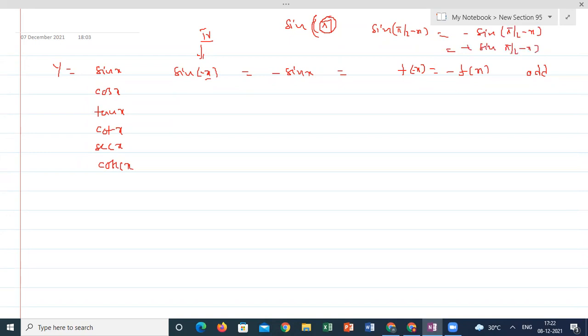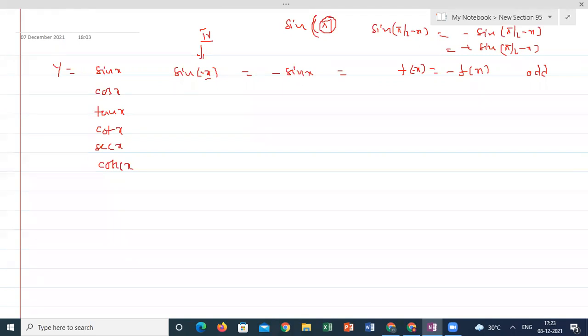Here we can't argue even function or odd function easily. So, sorry, we can argue, but we won't face that situation. In the fourth quadrant and first quadrant, it is the pure form of x. That's the reason it will be easy to discuss even or odd of the trigonometric ratios.